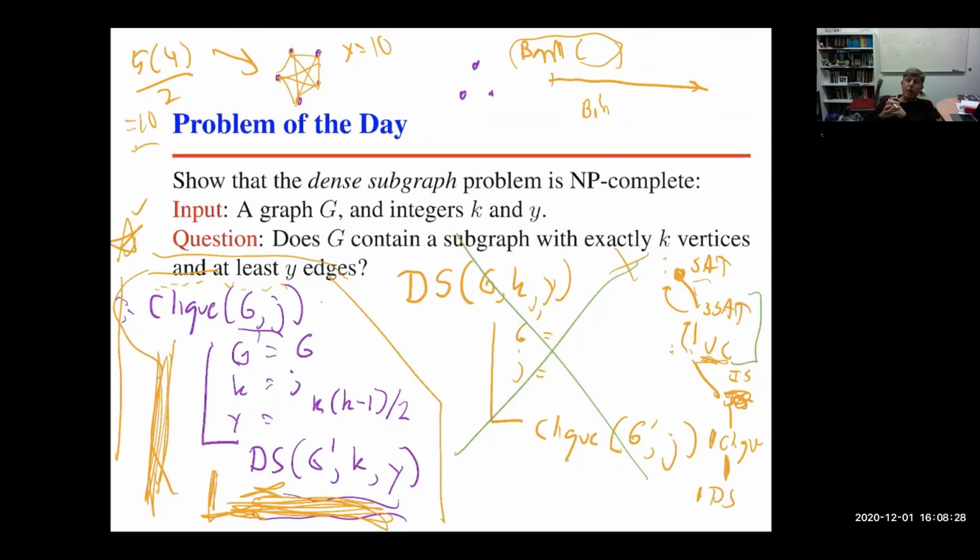I have a hard time thinking of vertex cover as a special case of 3-satisfiability, or 3-satisfiability as being a special case of vertex cover. I do picture that clique is a special case of densest subgraph. Any questions about that?